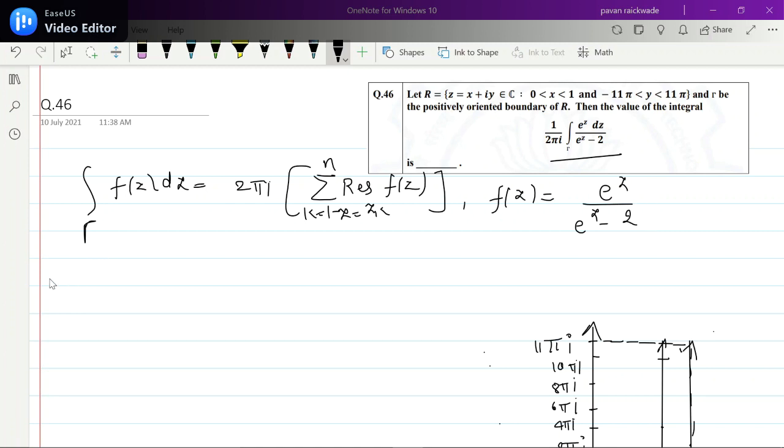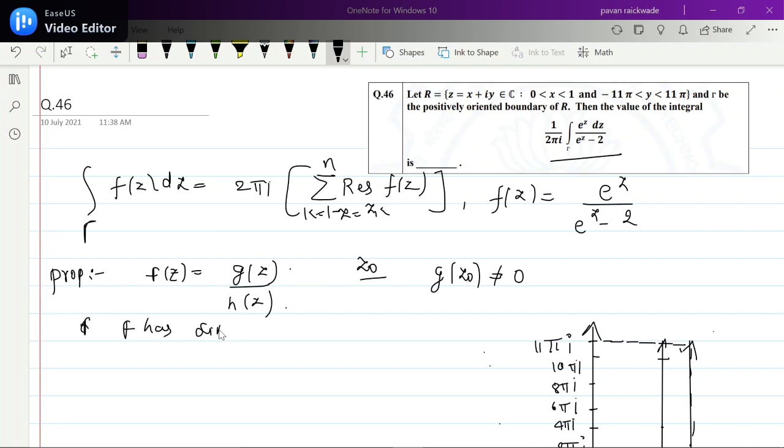So we will use a theorem or a proposition which says if a function f of z can be written as g of z upon h of z, where both g and h are analytic at point z0 such that g at z0 is non-zero, then f has a simple pole at z0 if and only if z0 is a root of h(z) of order 1.